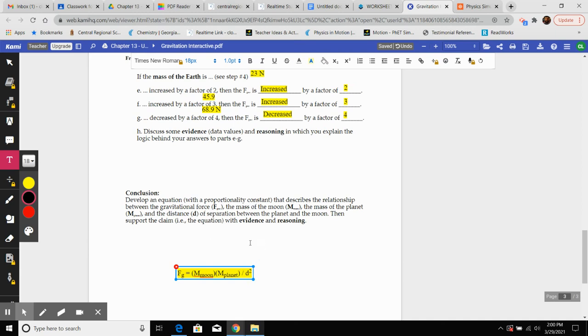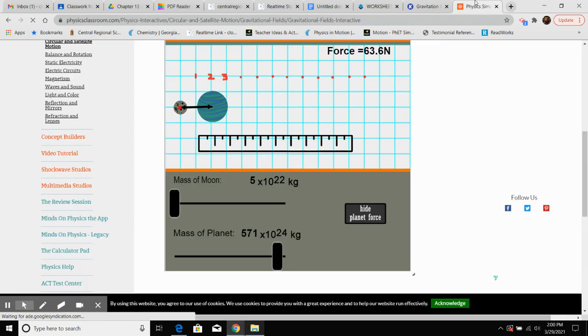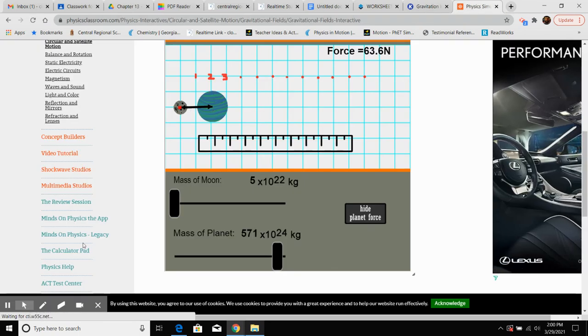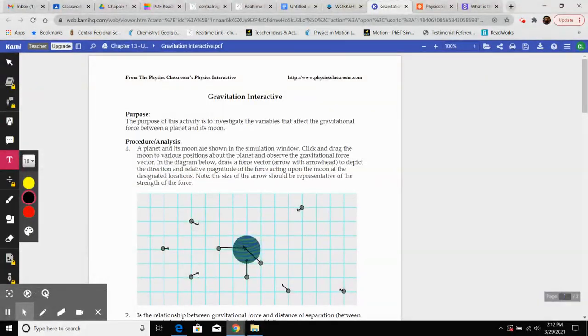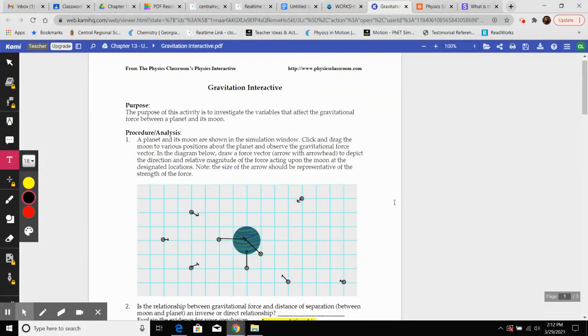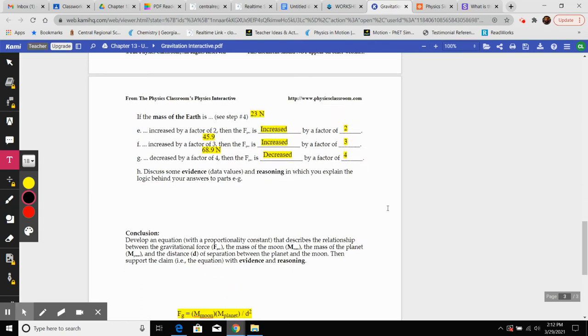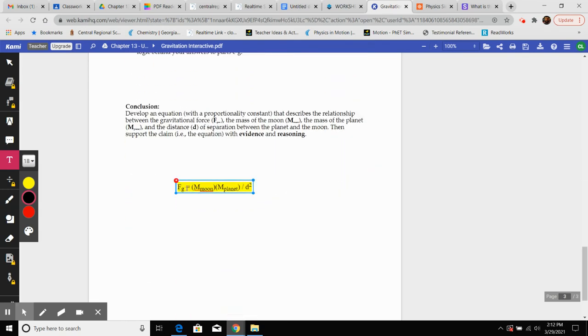All right. Develop an equation with a proportionality constant that describes the relationship. So there is a proportionality constant that gets multiplied by the 2 top values and then divided by the distance between the centers of the planets, squared. Just after looking through some stuff, we're going to leave the equation as is.